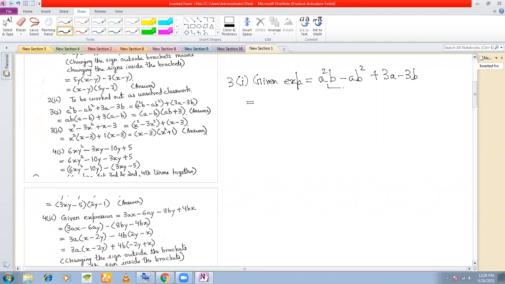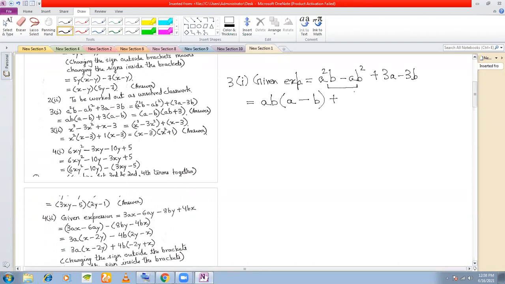So from the first two, what is it that you can take out? What is the HCF? You have a square and a, you can take out a. You have b square and b, so you can take out b. That means you are taking out ab. From a square b, if you're taking out ab, you're dividing a square b by ab. So you're only left with an a. Minus ab square divided by ab will give you a b, plus.